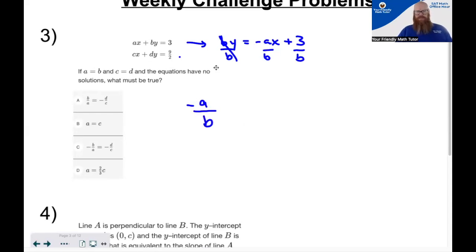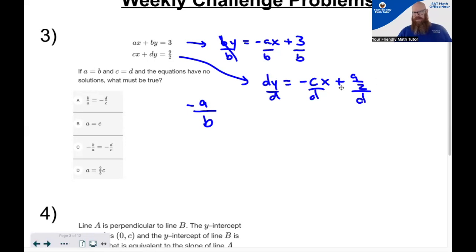And then for this one, if I do something similar, I have dy equals negative cx plus 9 over 2, and then I divide by d, right? I don't really care about 9 over 2 over d. Again, I care about the slope, which is the coefficient of x. That should equal this. So this I know is true. The slope of one has to equal the slope of the other.